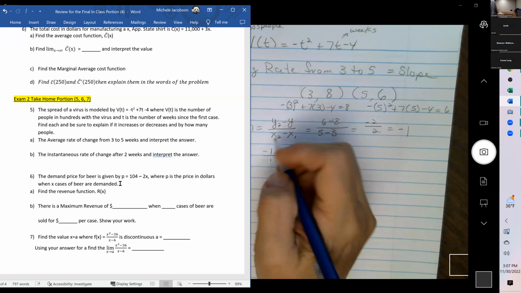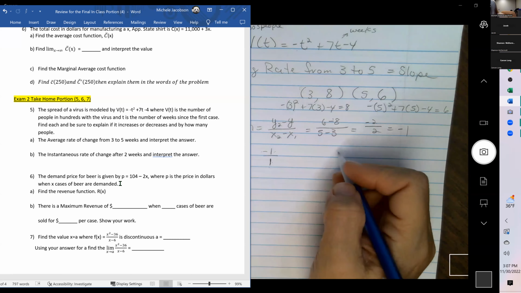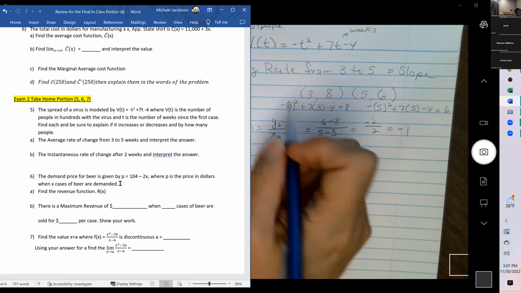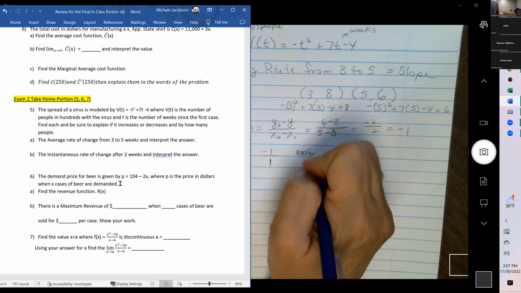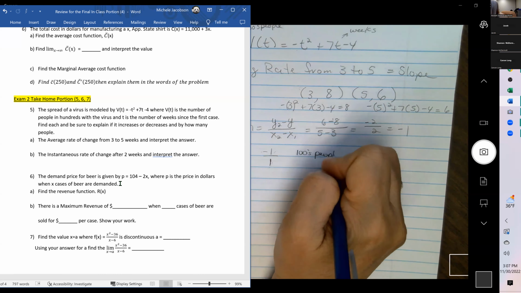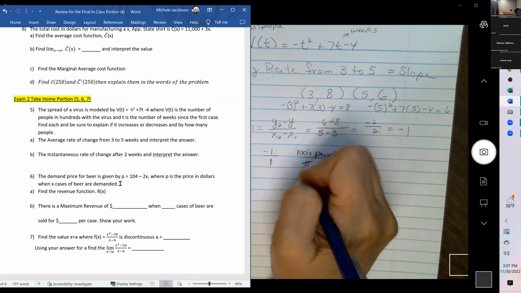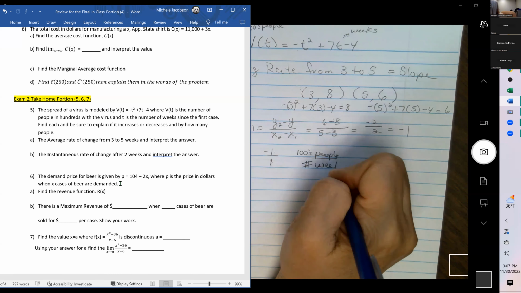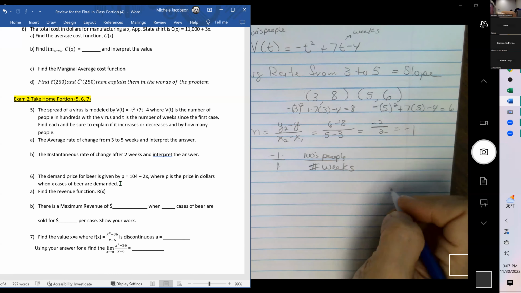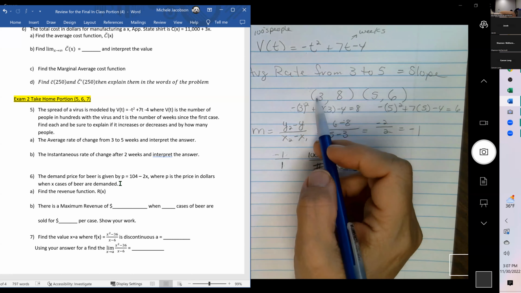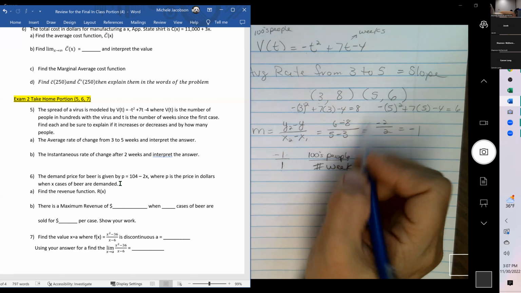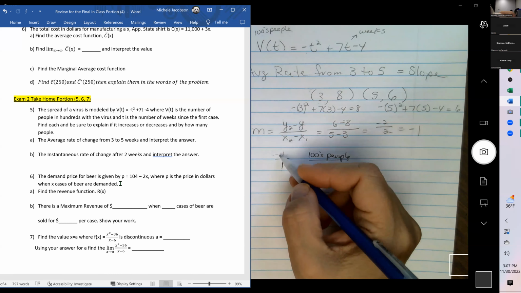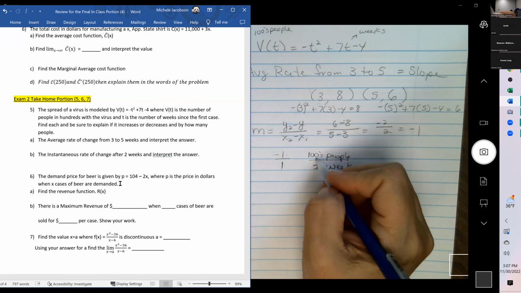Slope you can think of as a fraction, negative 1 over 1. Y was hundreds of people. X was the number of weeks. So as the virus is going from its 3rd week to its fifth week, it is decreasing by 100 people per week.